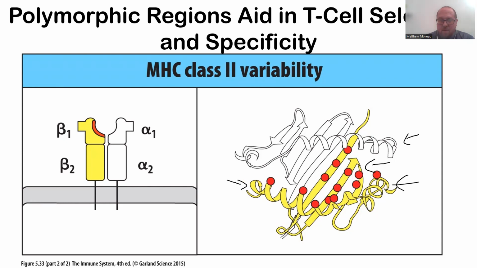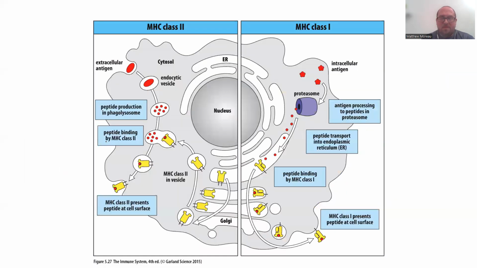So the inner ridge of the beta subunit, and the bottom side here of the anti-parallel beta pleated sheet are where the variability exists.